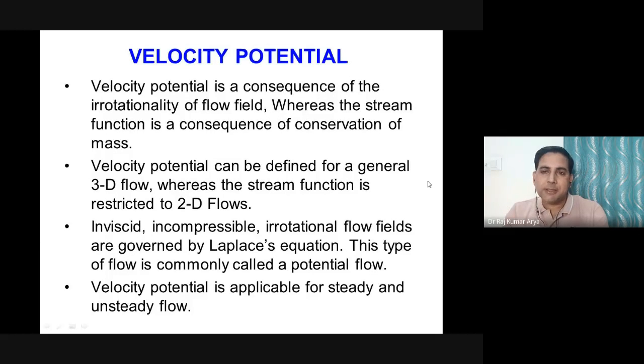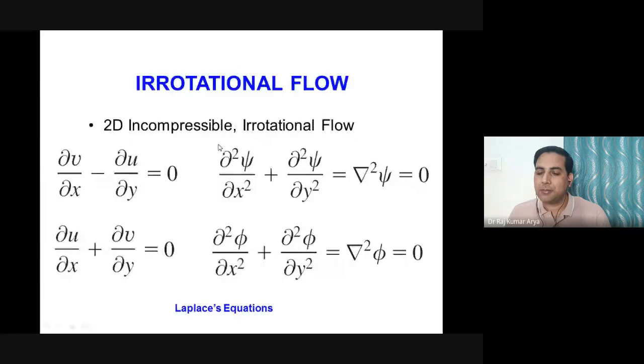Third point, these are the points to remember about velocity potential. Third point is that inviscid, incompressible, and irrotational flow fields are governed by the Laplace equation. What is the Laplace equation? This one only: del square psi equal to 0 and del square phi equal to 0.